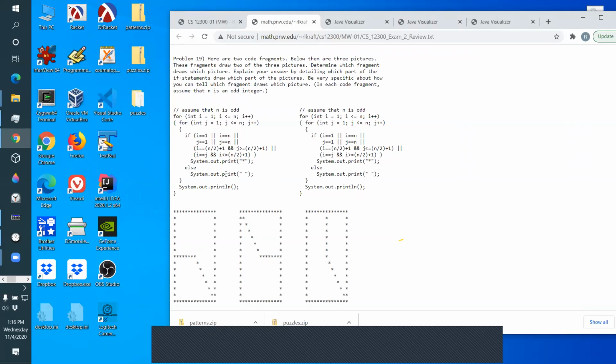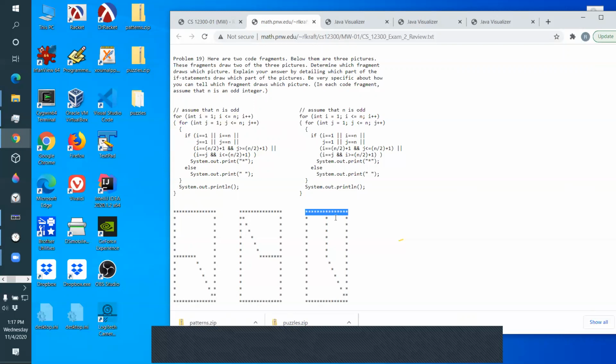Take this top row. In terms of rows and columns, when do you print a star? What condition do you check for to print those stars? What variable is counting rows?